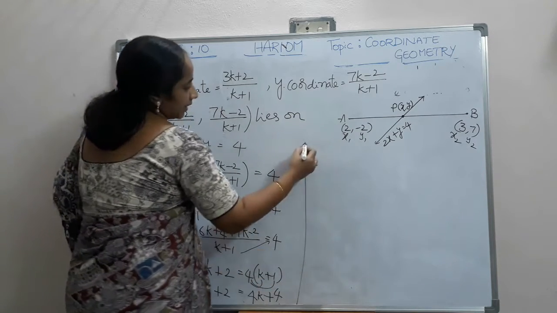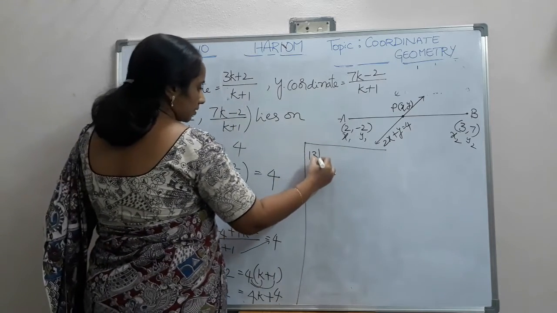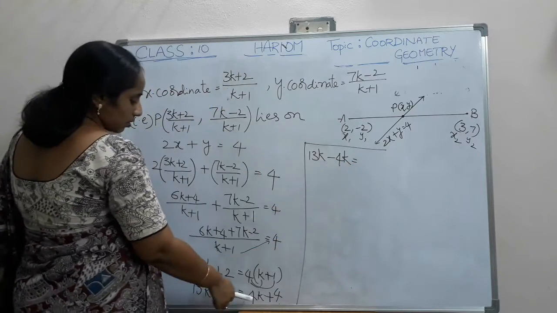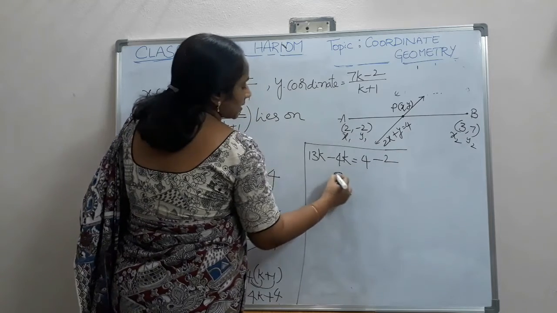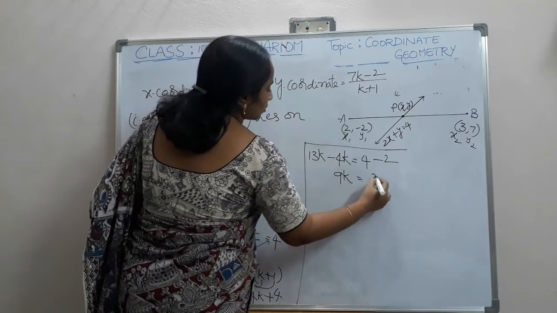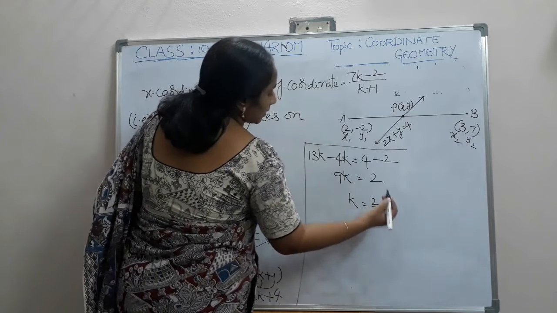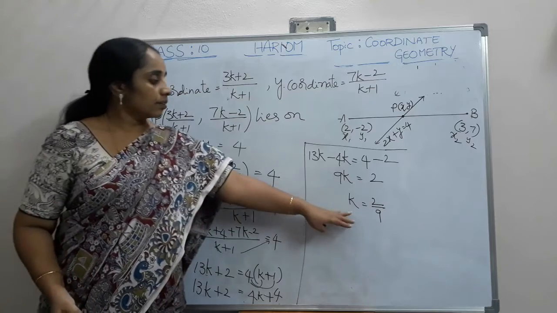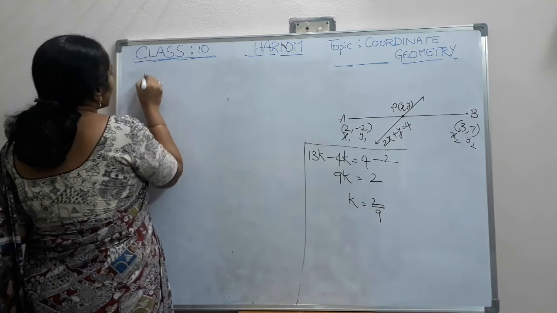Now take all k terms to one side of the equation. 13k minus 4k is equal to 4 minus 2. It is 9k is equal to 2. K is equal to 2 by 9. So here the k value is 2 by 9.